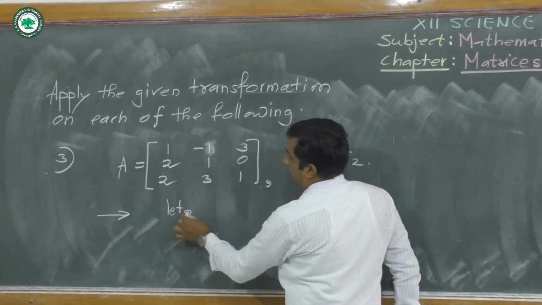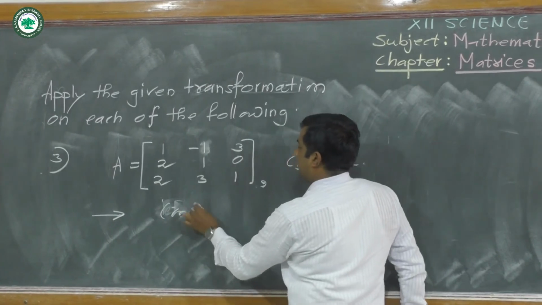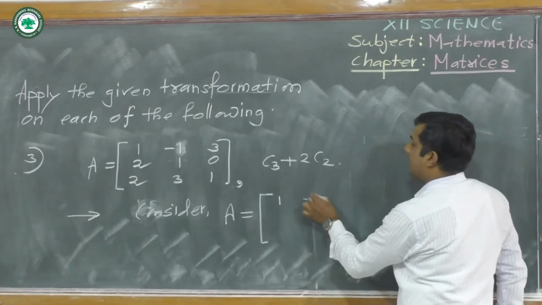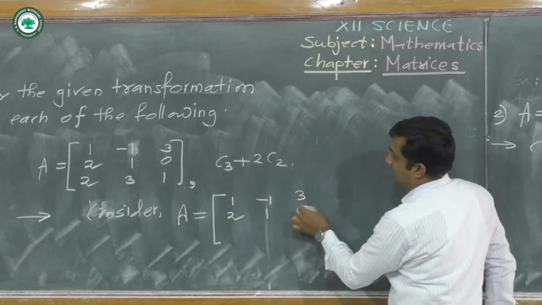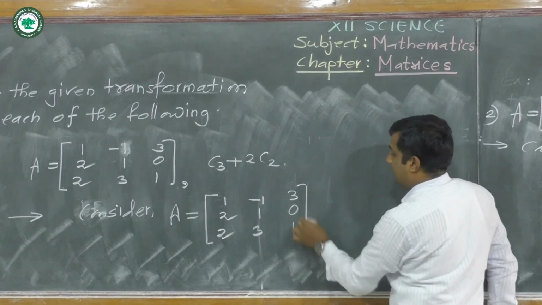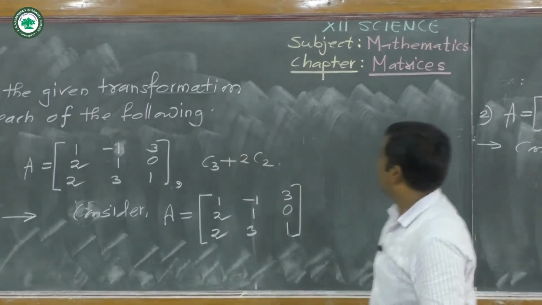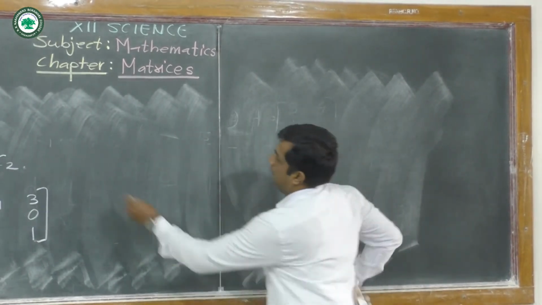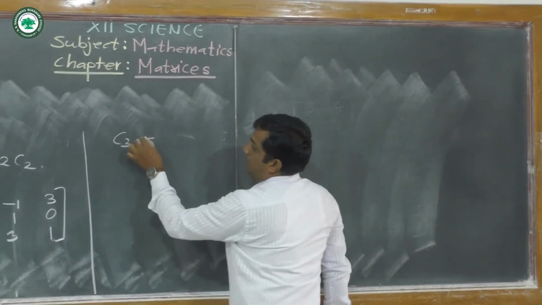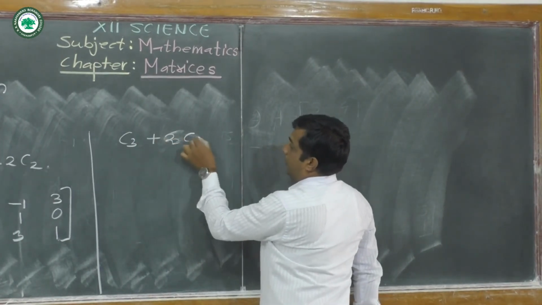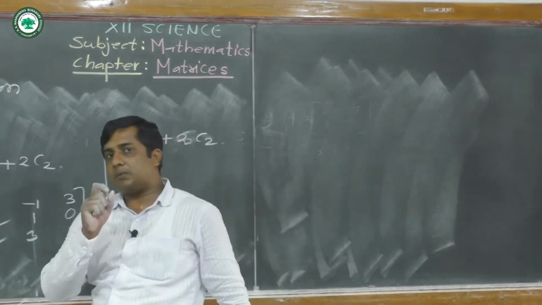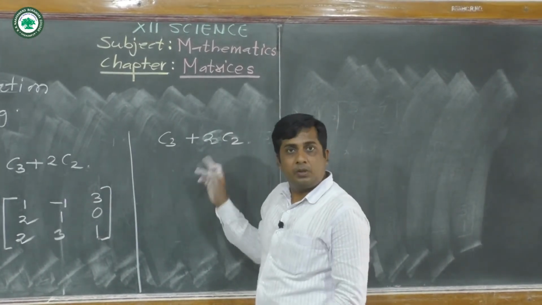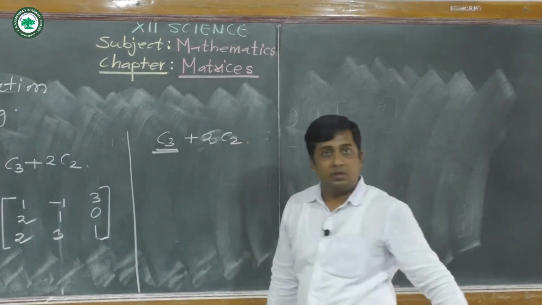We consider a matrix having again 1 minus 1 3, 2 1 0, 2 3 1. We have to perform the transformation C3 plus 2C2. That is, we have to perform the transformation on column 3, not on column second. We have to change only the third column.